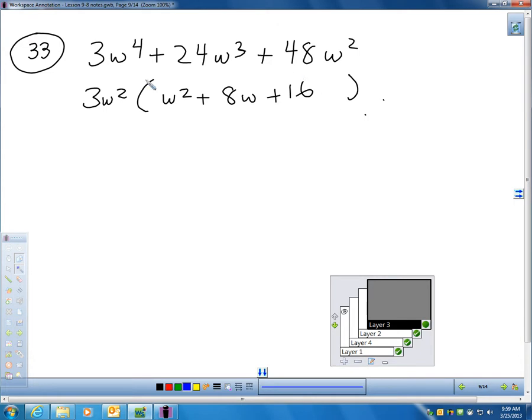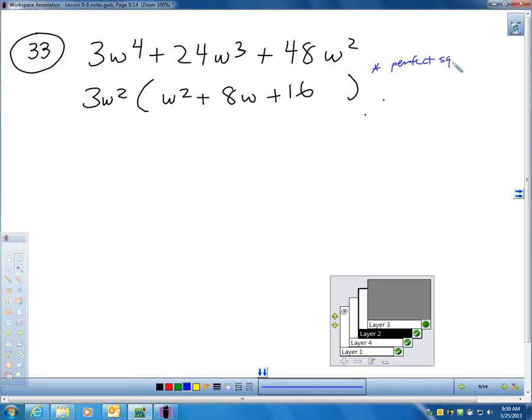All right? Now I'm looking at this, and I see another shortcut. This is why the shortcuts are good, because if not, you're going to have to think about what times what is 16 and adds up to 8. I immediately notice, wait a minute, this is a perfect square trinomial.